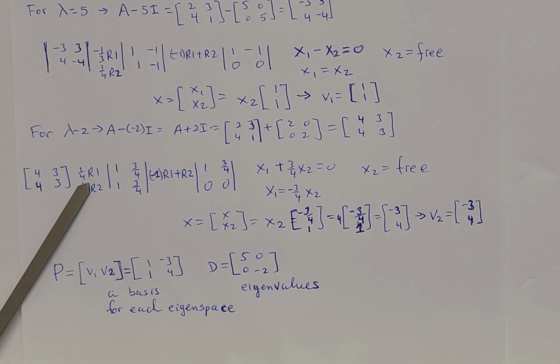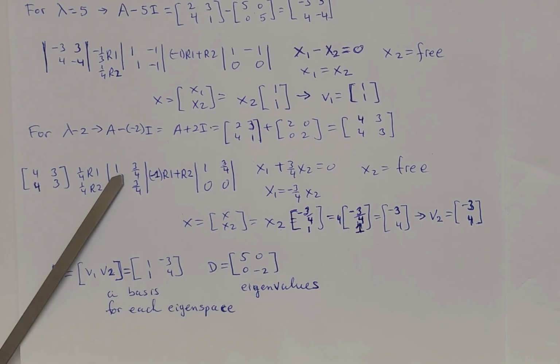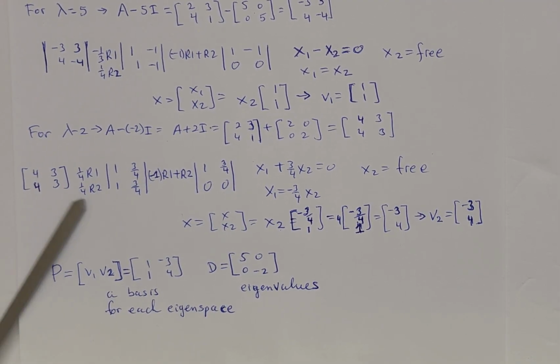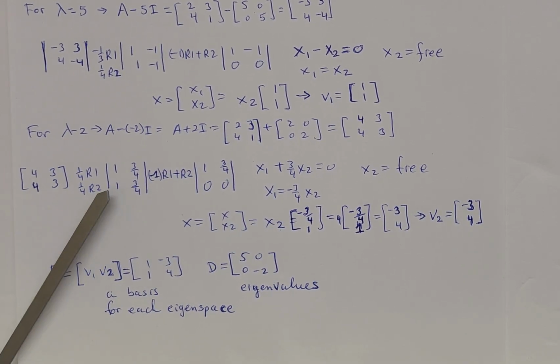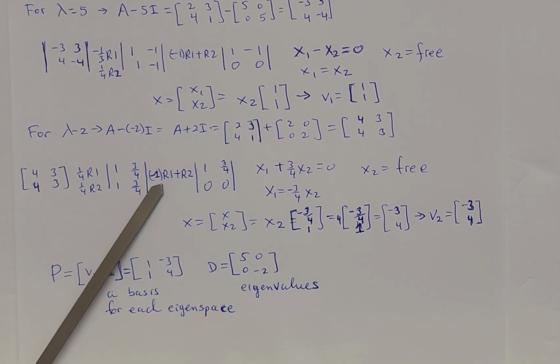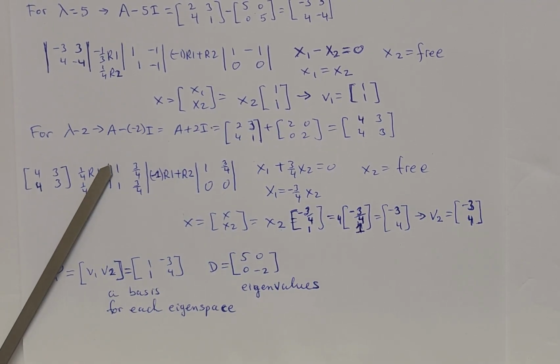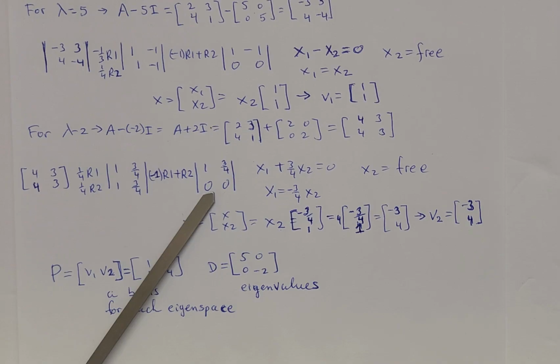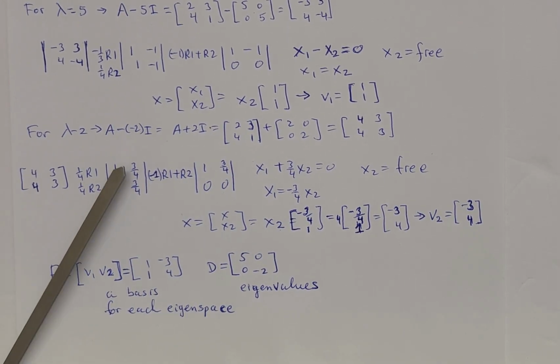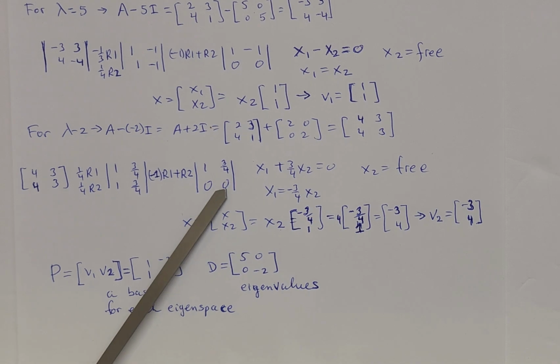Multiply by 1/4. So 1/4 times 4 gives me 1. 1/4 times 3 gives me 3/4. 1/4 times 4 is also 1. 1/4 times 3 is 3/4. I need this to be a 0. So multiply by -1. -1 times 1 is -1 plus 1 gives me this 0. -1 times 3/4 is -3/4 plus 3/4 also 0.